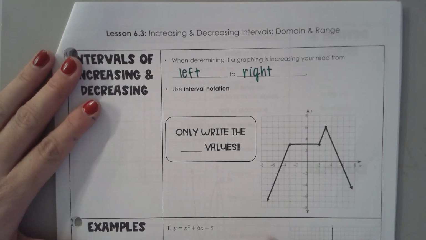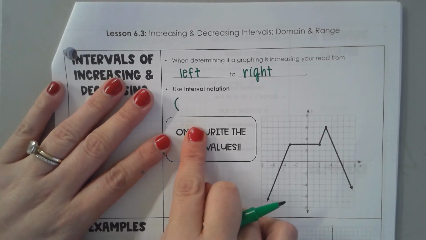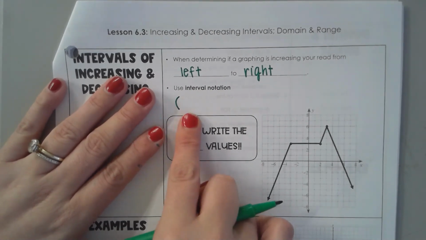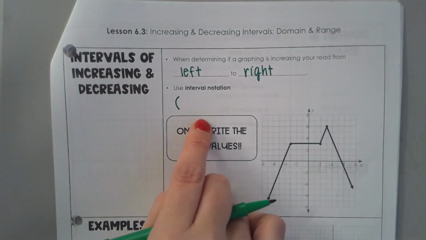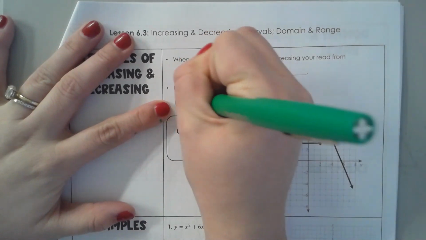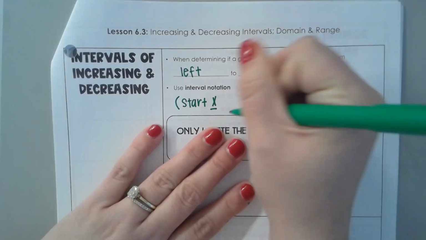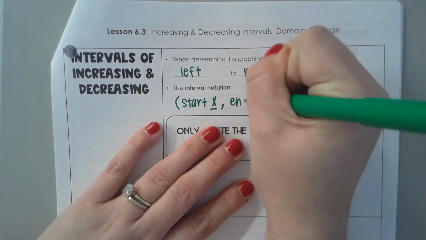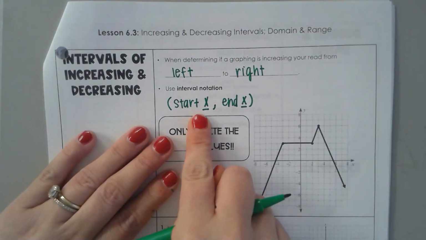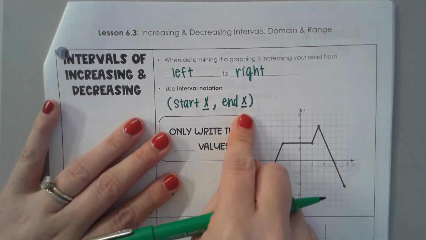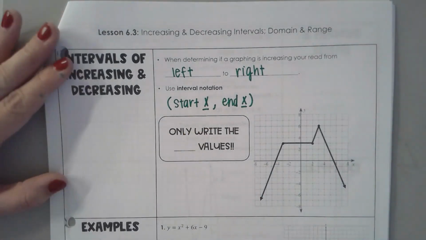It's going to look like a coordinate, like a point, but it's not actually going to be a point. Instead, the first number is where it starts increasing. So it's the starting x, comma, the end x. So where it starts increasing to where it stops increasing. So we're going to write the x value where it begins, the x value where it ends.